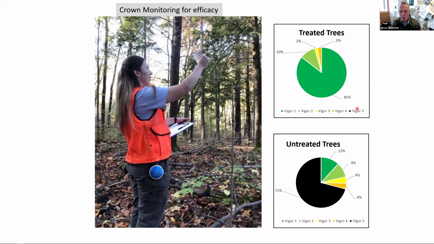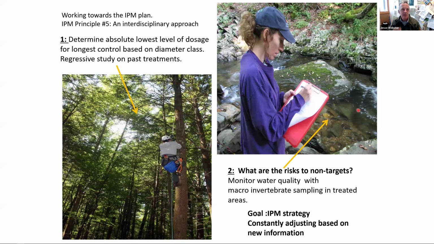So we know, one, it helps us get out on the landscape and scout for other treated areas, but also we know we're having a big impact. We're making a difference on the landscape. Also, utilizing integrated pest management in our monitoring system, I'm really proud of the work we've been able to do in the park to determine the absolute lowest levels of dosages that we need to treat trees.